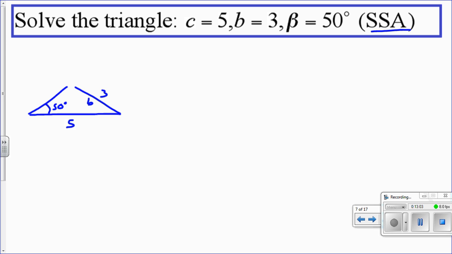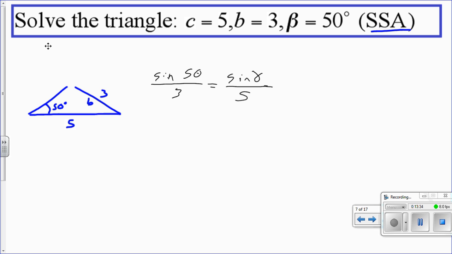So if we establish, since we have B inside B, we know we can do sine of 50 degrees over 3. And I can use that to help me find angle C, well, or lambda. So then C over sine of lambda, and my C, I know, is 5.